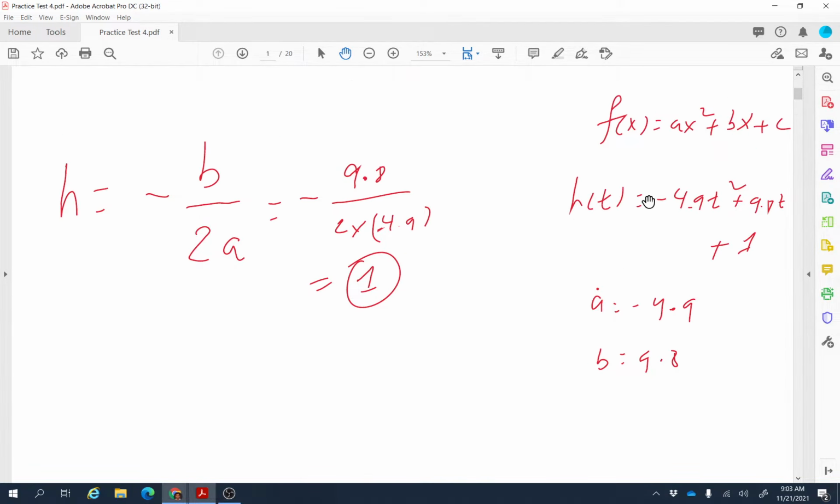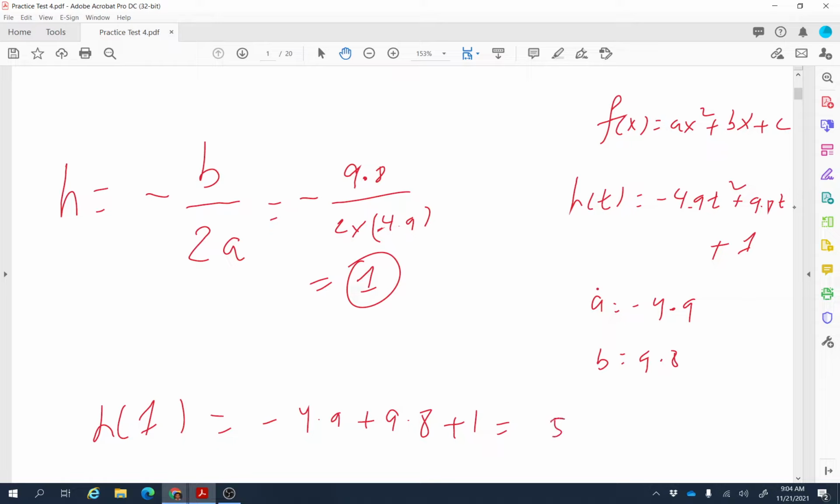So the given height function is, remember, this h and this h are two different things. This is just a notation we use for the formula, that's why I'm using h. Find the value of this height function when time is 1. That will be negative 4.9 plus 9.8, just replacing t by 1, plus 1.